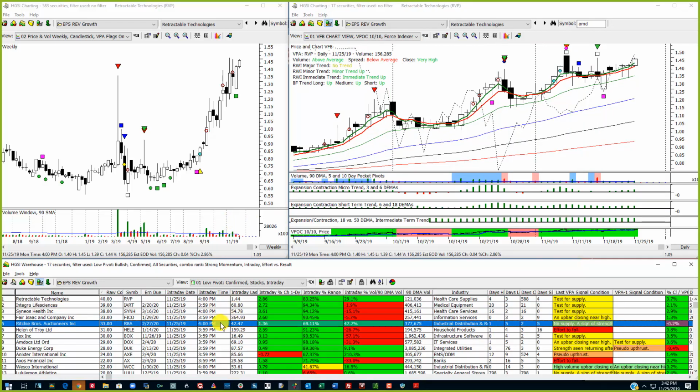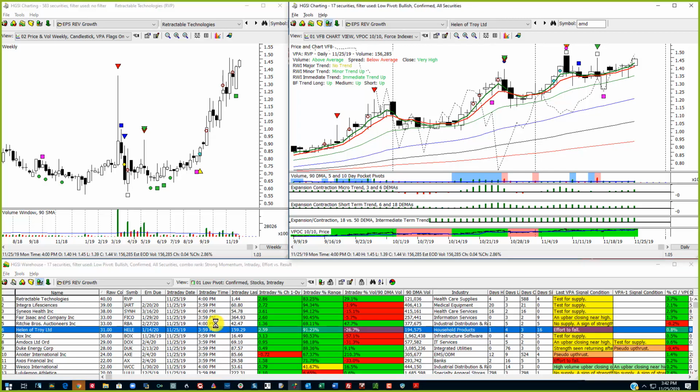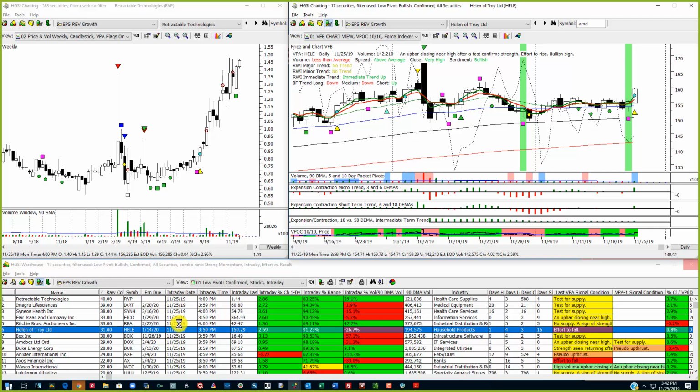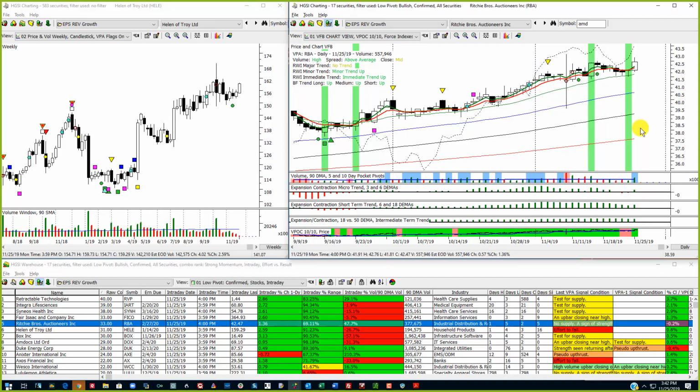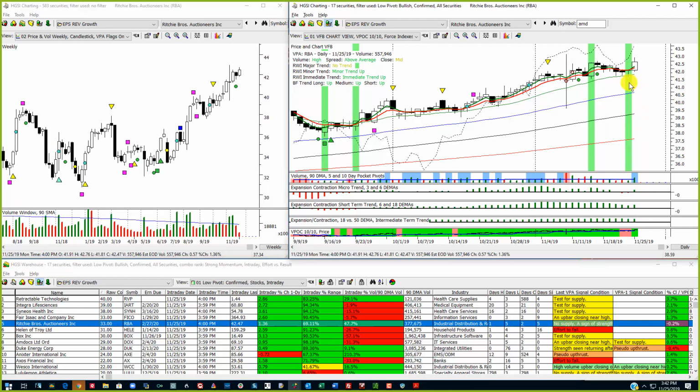How about Ritchie Brothers Auctioneers? I clicked on the wrong one. Okay, here's Ritchie Brothers. It was confirmed. The green bar is here. Here's your low pivot.